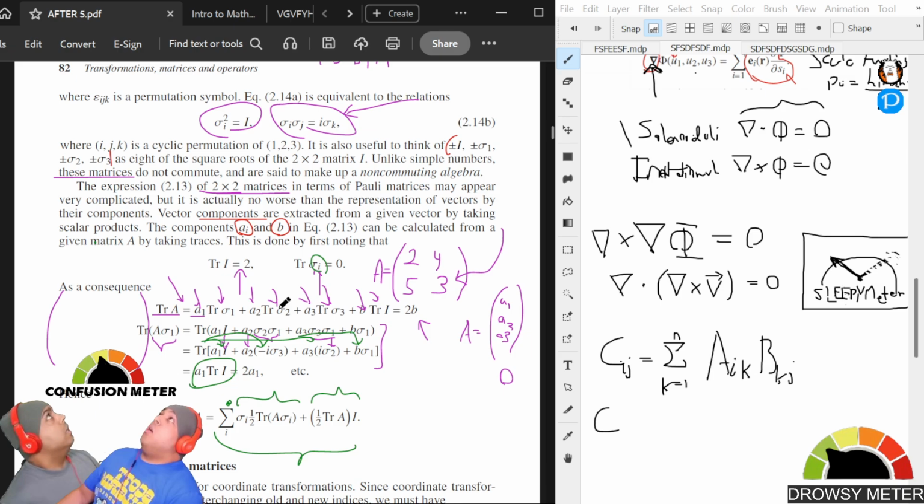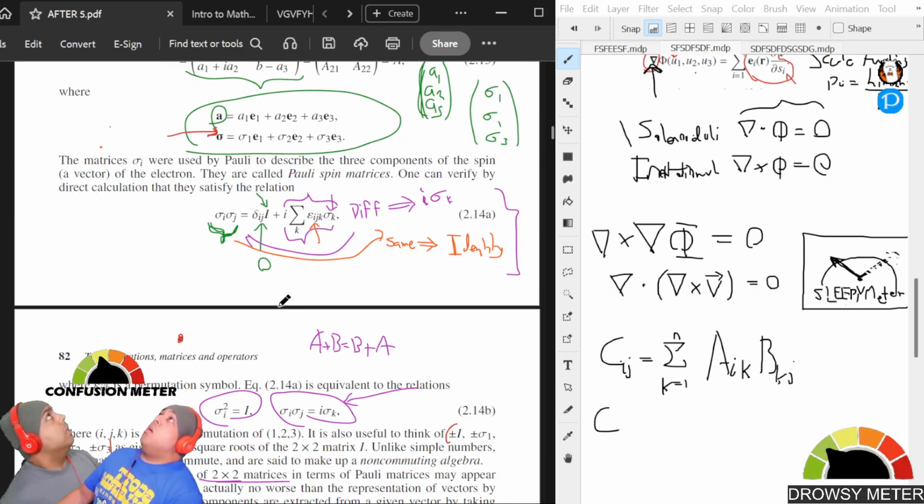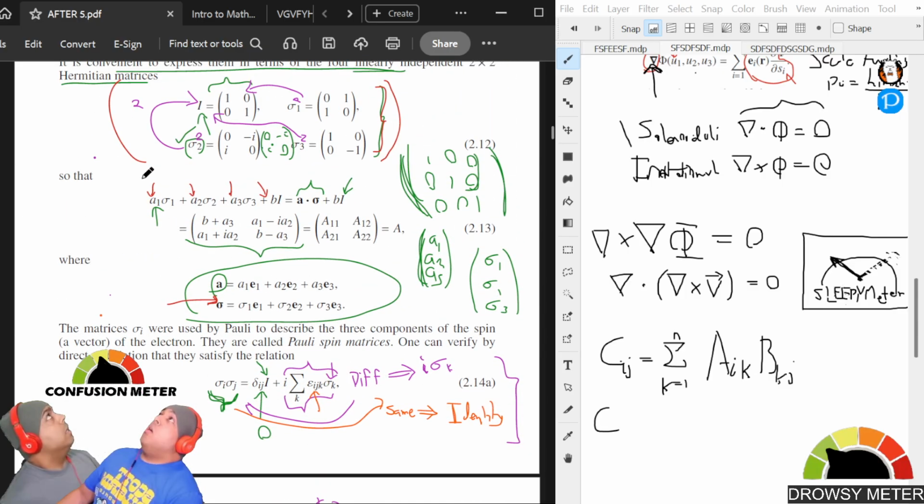Yeah, I think the entire goal is to find these guys. We're not given these guys. Okay, maybe everything changes now that I see that. The goal is to find those guys. Okay. So this is our matrix A.